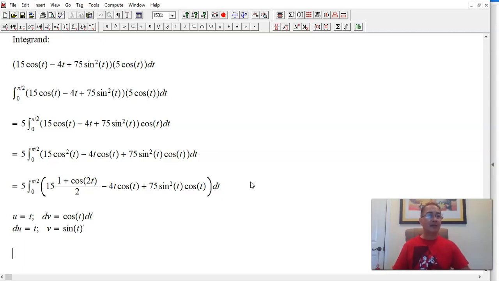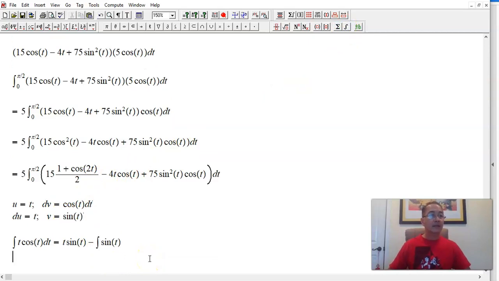So the antiderivative that we want for t cosine t dt is uv, so t times sine t, minus the integral of v du, so that is sine of t dt. And we know how to integrate sine of t, that is negative cosine. So in the end, we're going to get plus cosine. Forget the plus c.